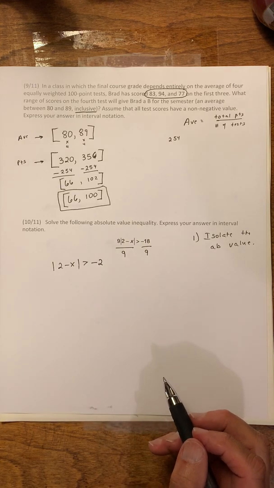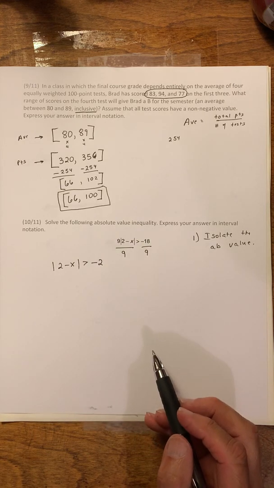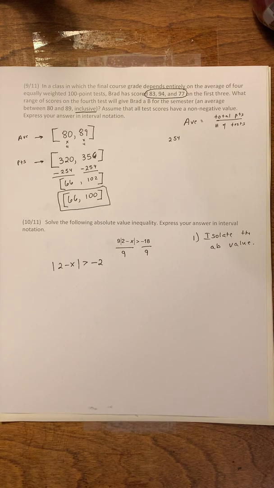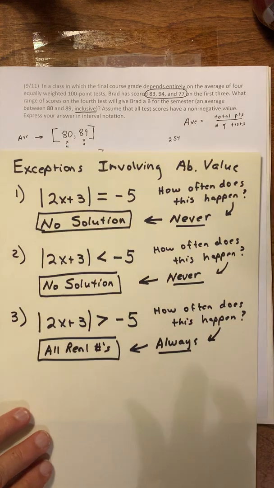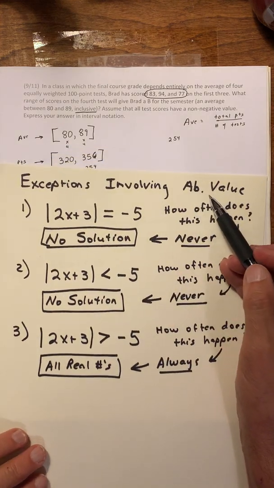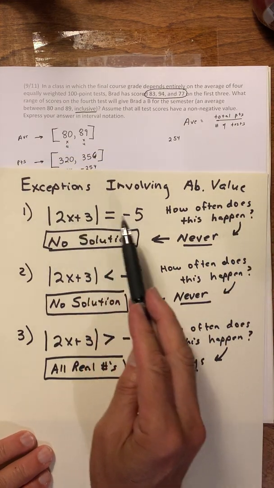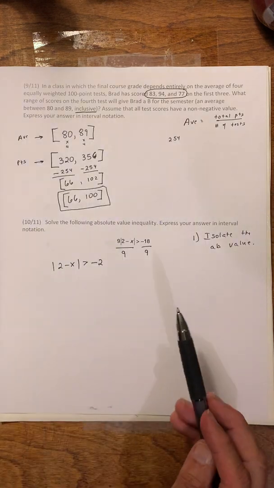Wait a minute. This is looking like one of those special instances. Anybody recognize this? The exceptions involve an absolute value and a negative number.